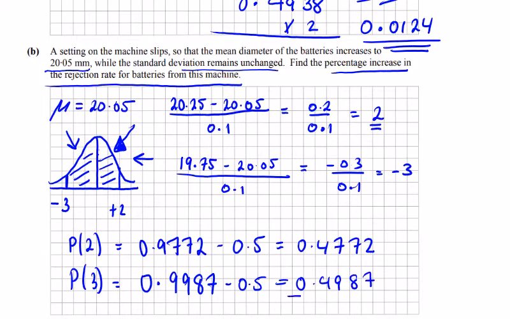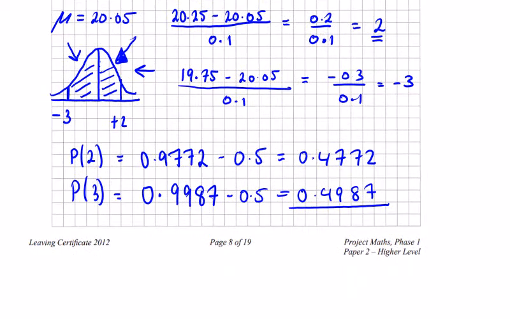And if we add these two together, we're going to get what's in the middle, and then that will enable us quite easily to see what's in the tail. So it's just another way of visualizing these questions. There's quite a few ways to do these. So if we add these two numbers together, we get 0.9759.